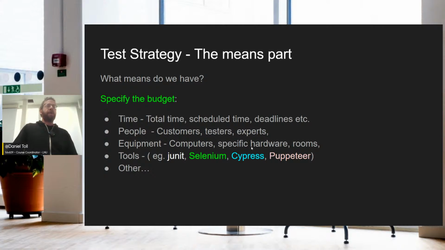Equipment: computers, specific hardware, rooms, even online stuff like cloud access. With equipment, I would include keys to different systems, keys to different rooms.